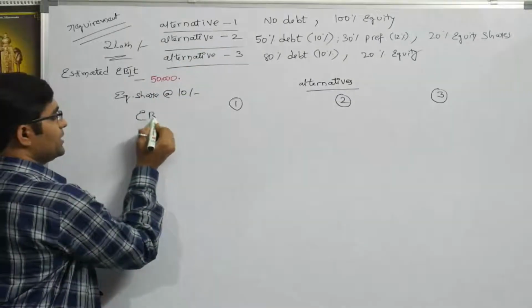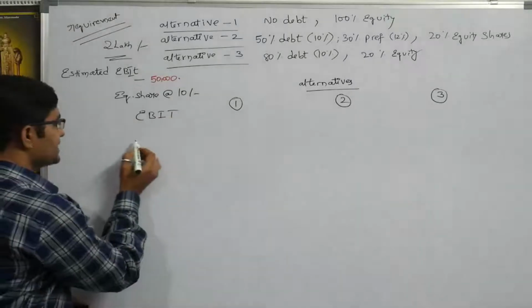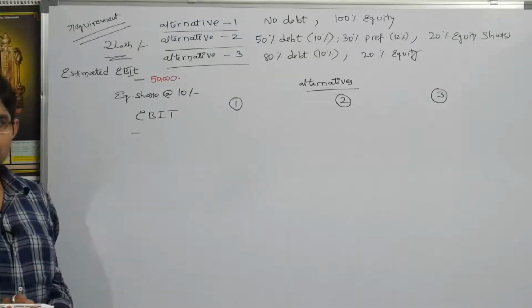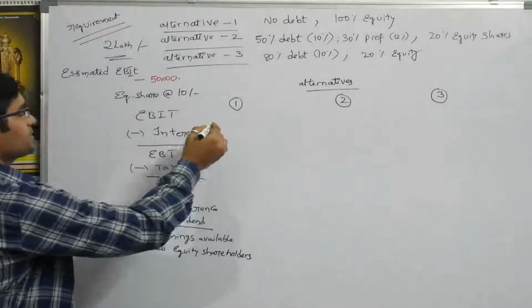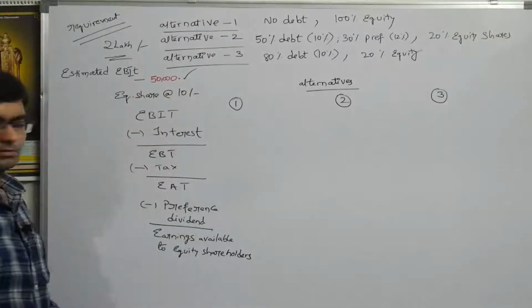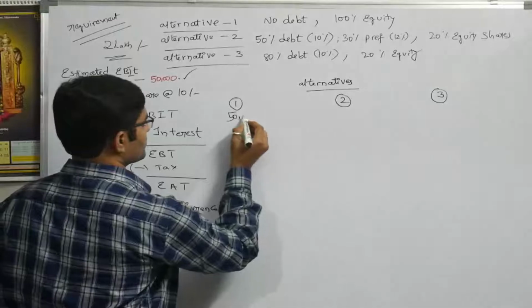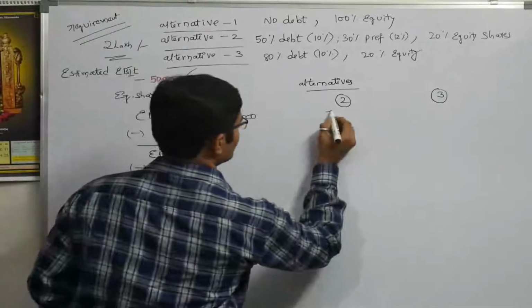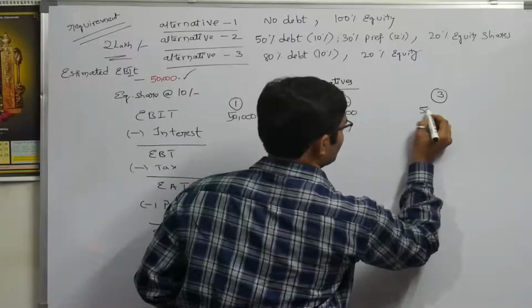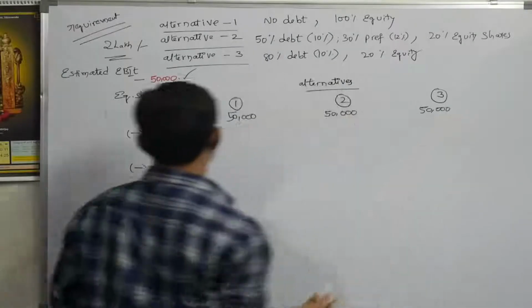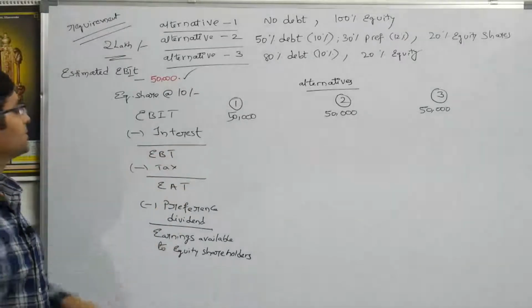First one is EBIT minus interest. EBIT is 50,000, the expected EBIT. 50,000 and 50,000. Next one is interest. We have to deduct interest.